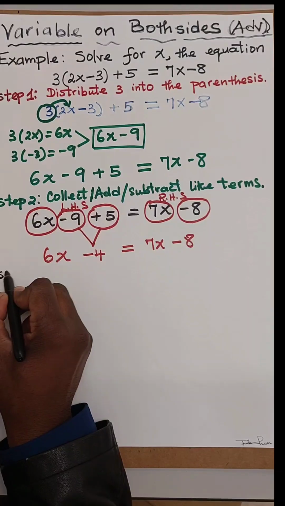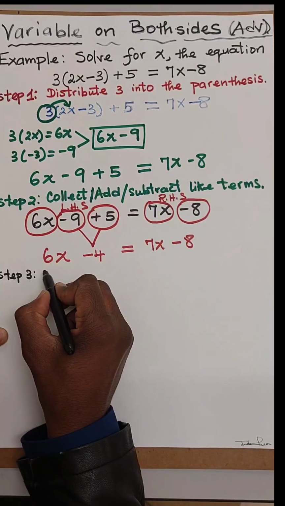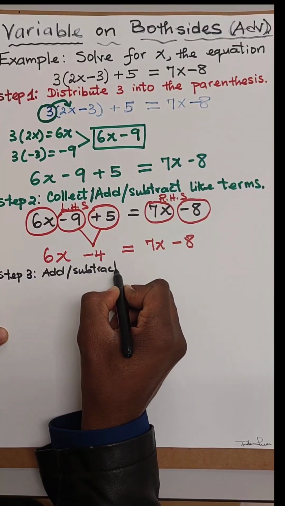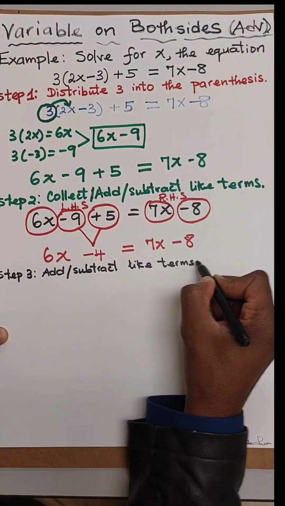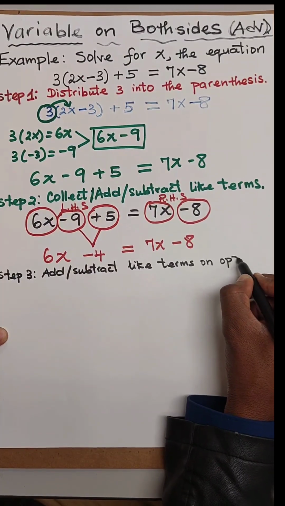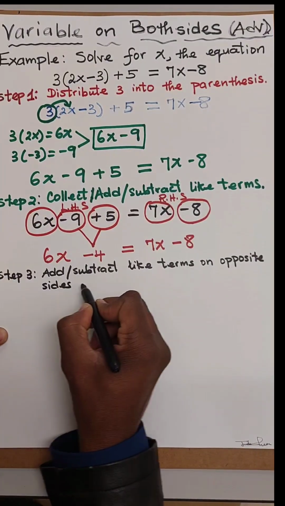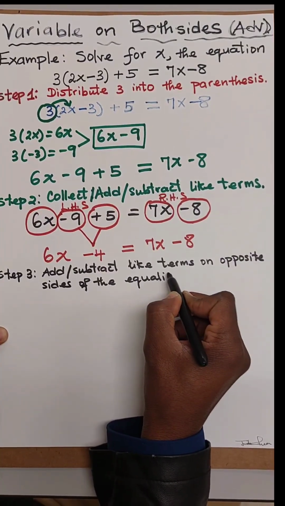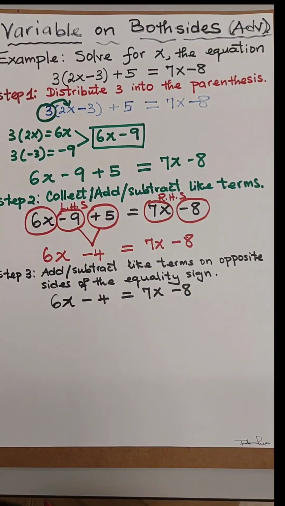So step 3: add or subtract like terms on opposite sides of the equality sign.